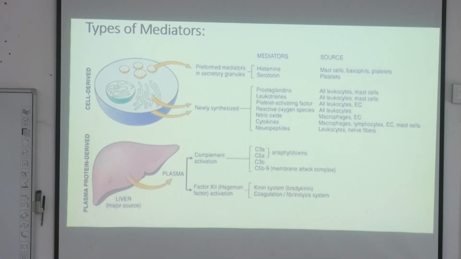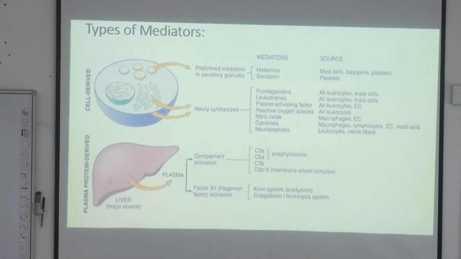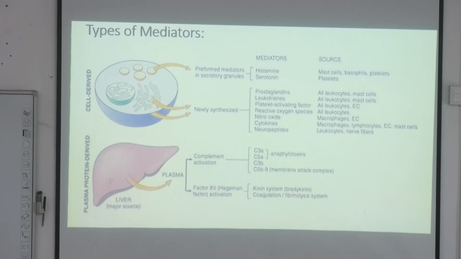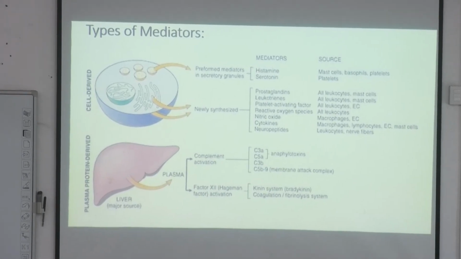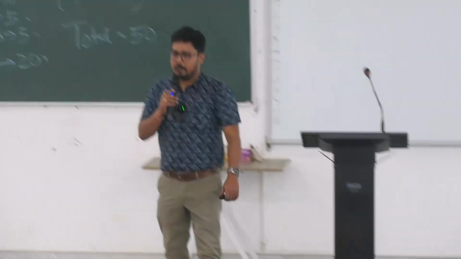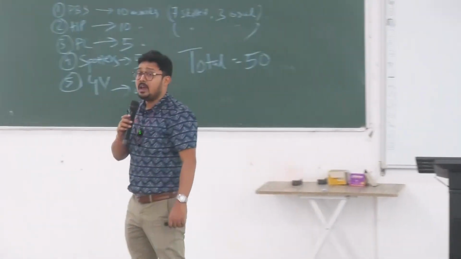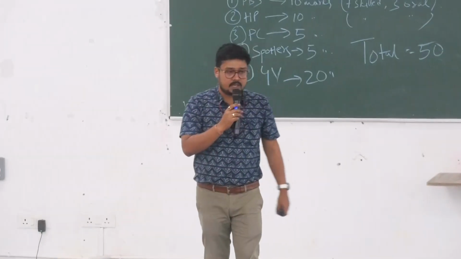Okay, so these are the two types of mediators: one is cell-derived mediator, another is plasma protein-derived mediator. The most important mediators of acute inflammation are cell-derived mediators.